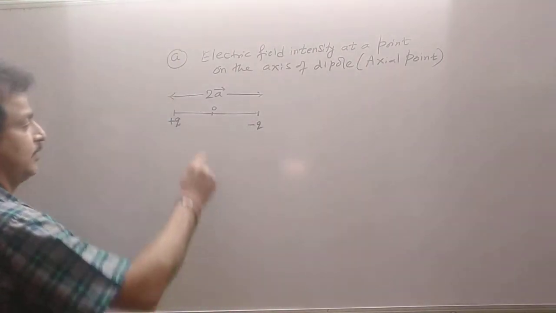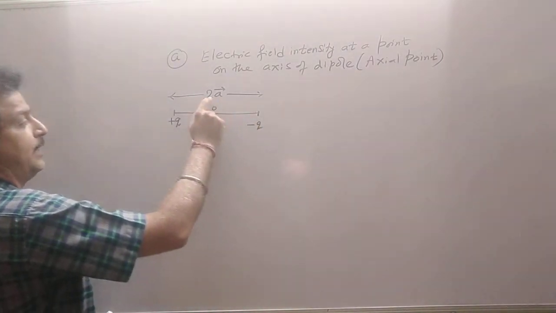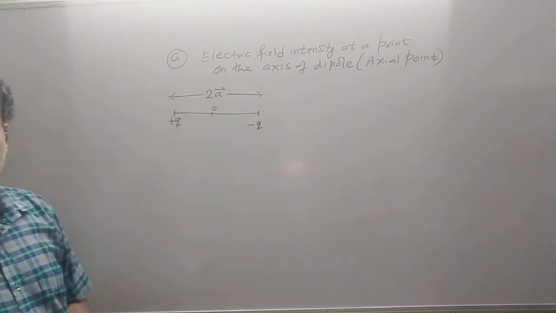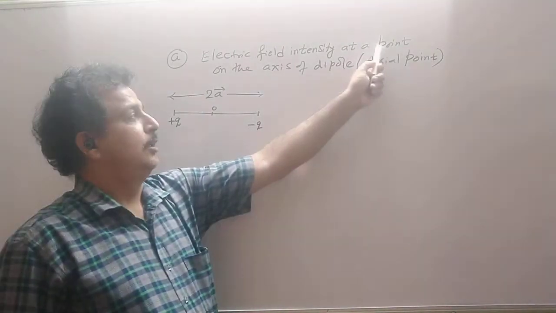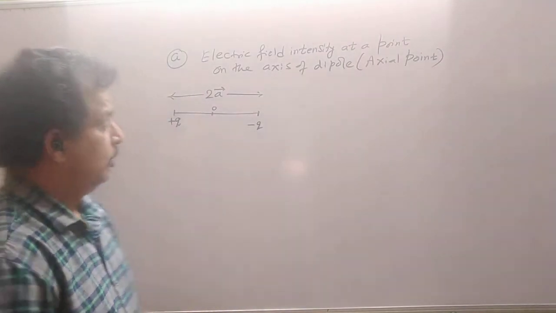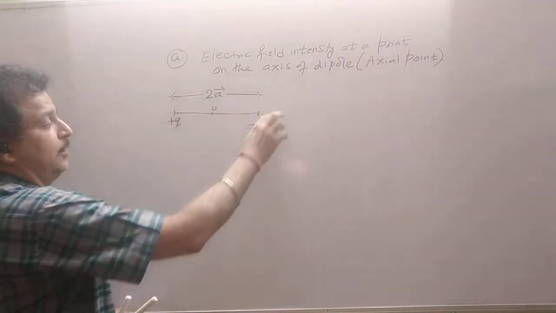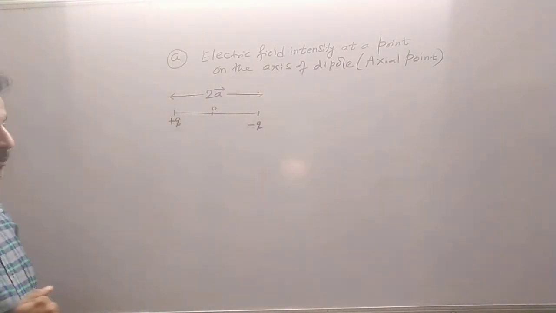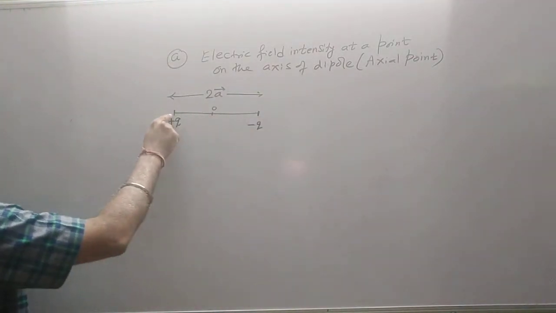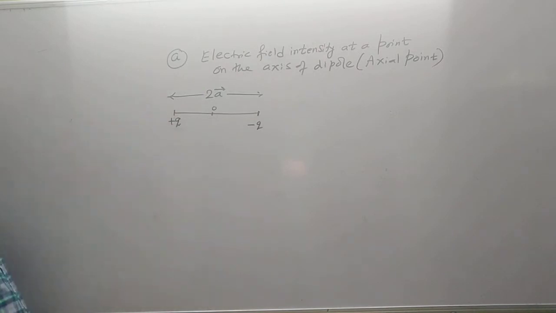So first, consider a dipole separated by a finite distance 2a. Now you have to consider a point P on the axis of the dipole. So you may consider one point here, which is also on the axis of the dipole. The dipole is along the x-axis. Or I can take a point here also.